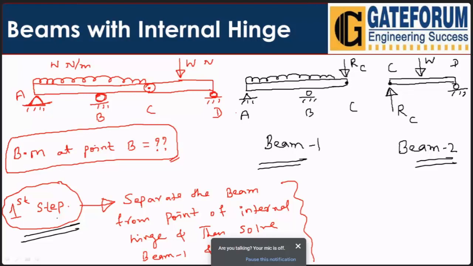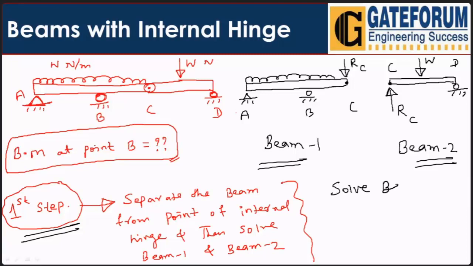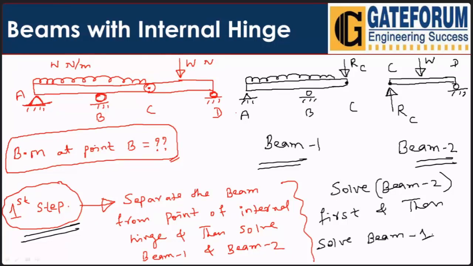I am writing: solve beam 2 first, and then solve beam 1. Why have I said to solve beam 2 first? Because the number of unknowns in beam 2 is less.